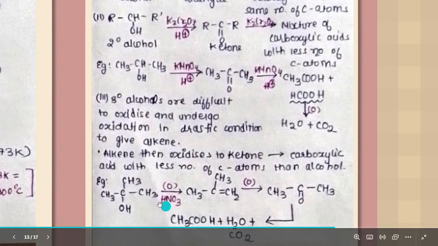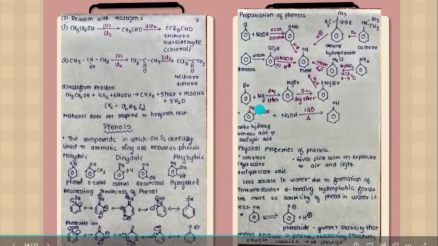On oxidation in the presence of HNO3 it will give us CH3-C(CH3)=CH2. Again on oxidation it will give CH3COCH3, which is a ketone. Again on oxidation it will give us a carboxylic acid plus H2O plus CO2, almost the same steps as in secondary alcohols as well.